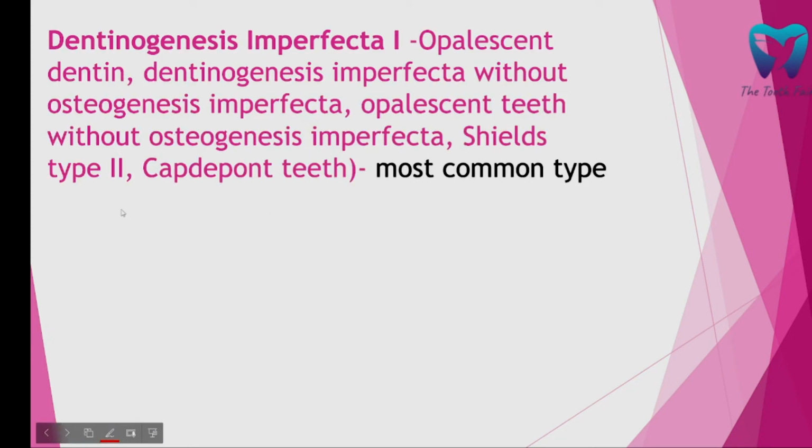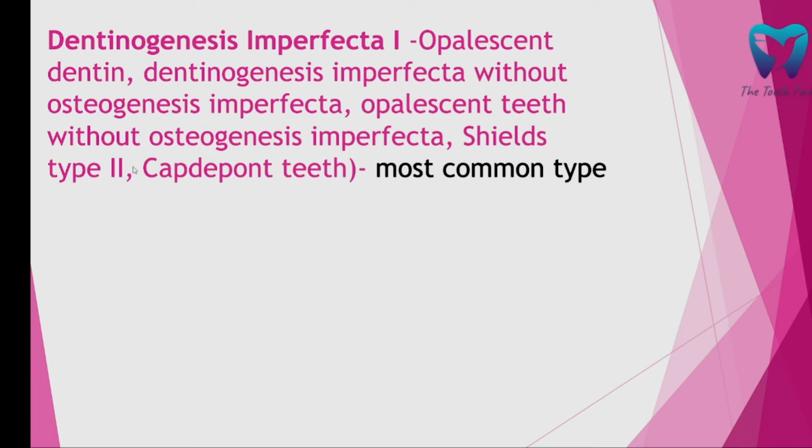These are the other names of dentinogenesis imperfecta 1. The other names given in Schaefer's are very important because sometimes an exam question is asked by another name of the disorder. So dentinogenesis imperfecta 1 has other names: opalescent dentine, dentinogenesis imperfecta without osteogenesis imperfecta, opalescent teeth without osteogenesis imperfecta, and Shields type 2.